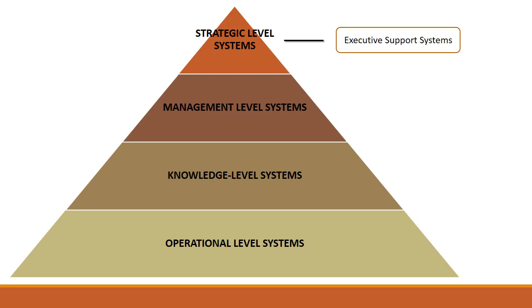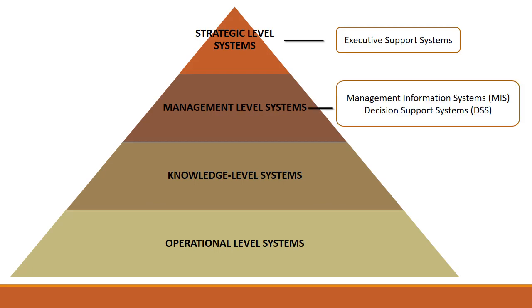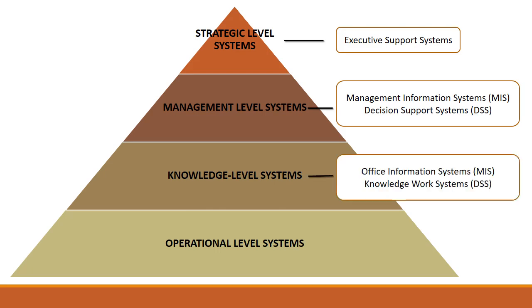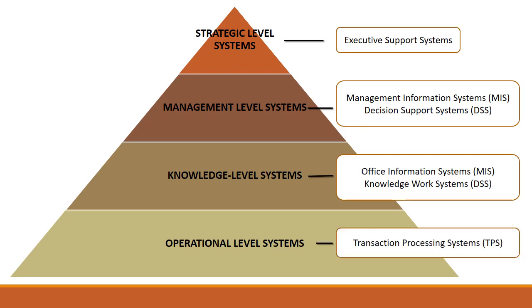The organization has executive support systems at the strategic level, management information systems and decision support systems at the management level, office information systems and knowledge work systems at the knowledge level, and transaction processing systems at the operational level. The 6 major types of information systems are built to serve each of the 4 levels of an organization.